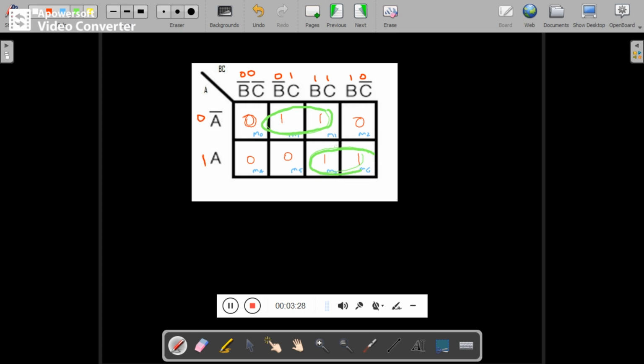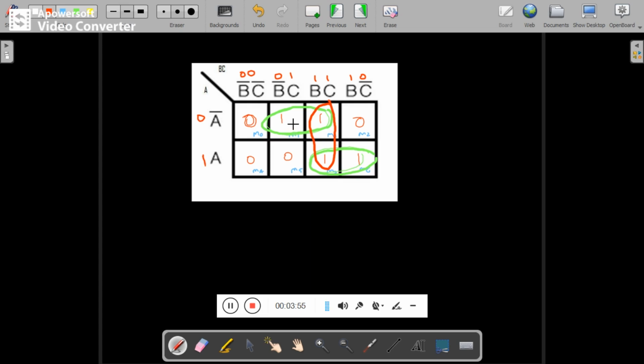Now one more question comes. You can make a group of this one also, but this group is called a non-essential group. These groups are called essential prime implicants. The grouping solution is called prime implicants.